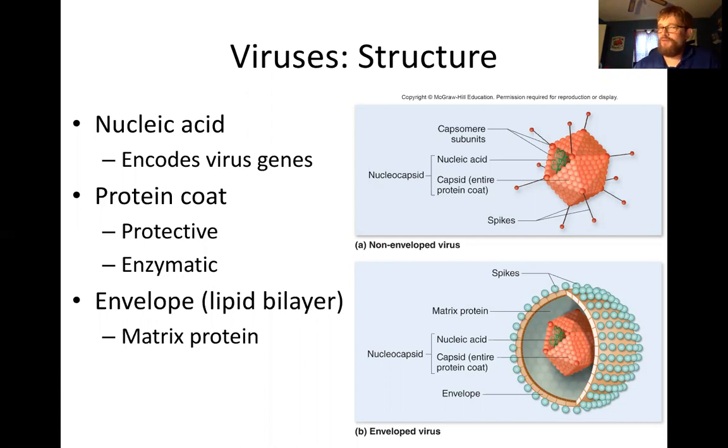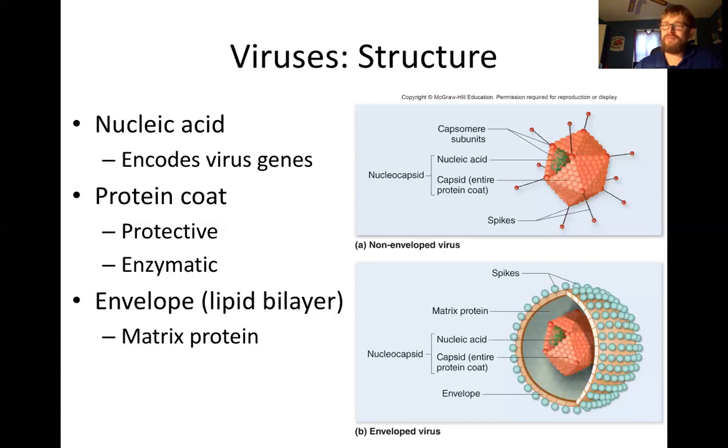Influenza also allows attachment to respiratory tissue. Something like HIV, its main attachment points are actually going to be some of your lymphocytes. So the spikes that it contains allow it to attach to cells of your immune system, right? So we see all kinds of cool things here.